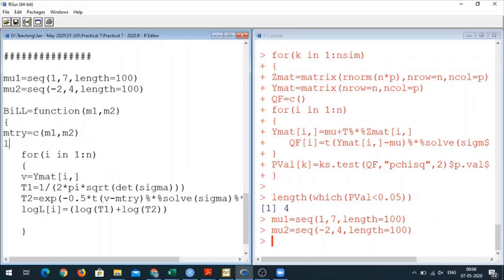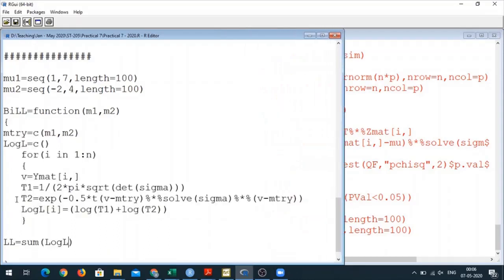So at the beginning I should define log L as a blank vector, and then the actual log likelihood that we need to return is the sum of the log of the PDF for each observation.